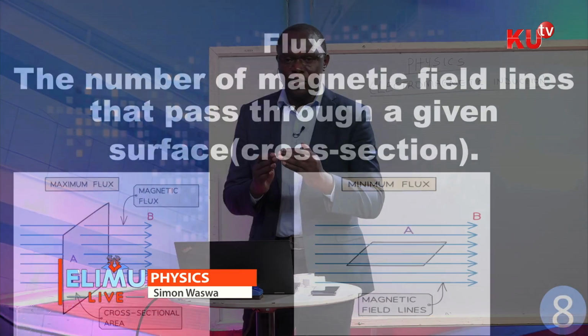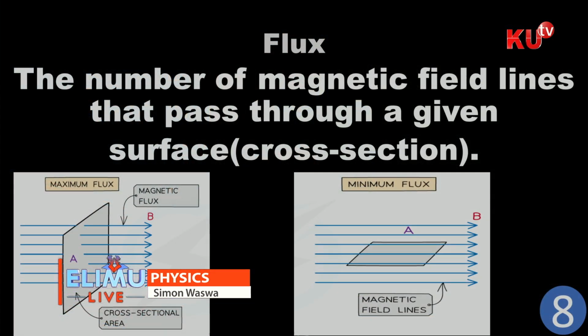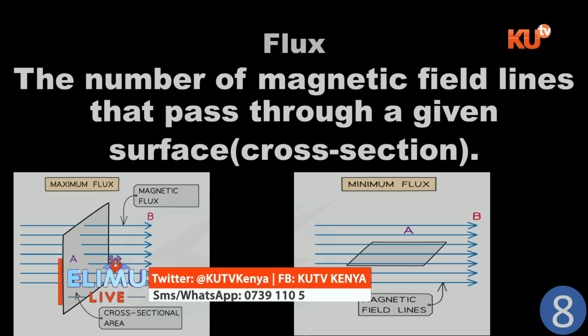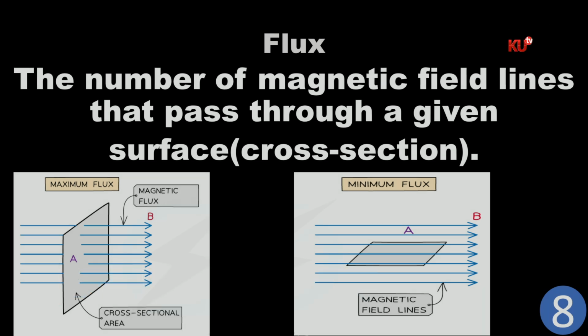And so when this field is directed onto a surface at an angle of 90 degrees, then the energy is directly induced into the surface. Now, when these magnetic field lines are slightly inclined to the surface at an angle less than 90 degrees, then we have less energy induced into the surface.